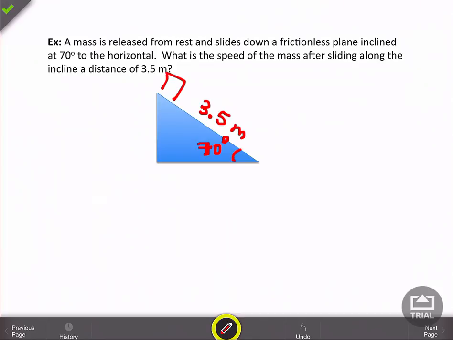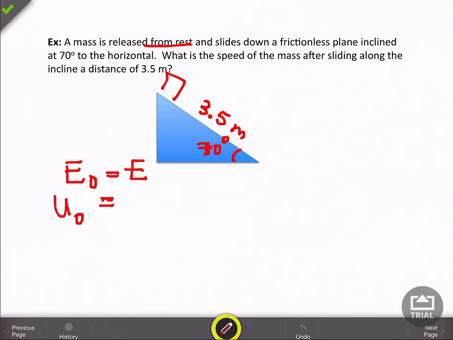Again, thinking about this in terms of energy, the total energy of my system initially is equal to the total final energy. So what type of energy does this thing have when it starts? At the top, it is at some height, so it's above the ground, so I definitely have initial gravitational potential energy. And it's released from rest, so it's not moving, so I do not have any initial kinetic. So my total initial energy is all gravitational potential.